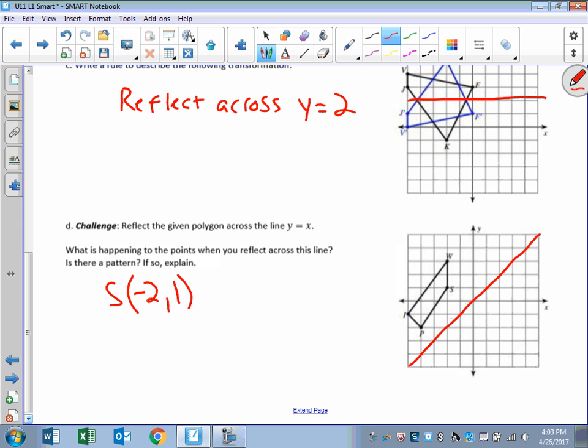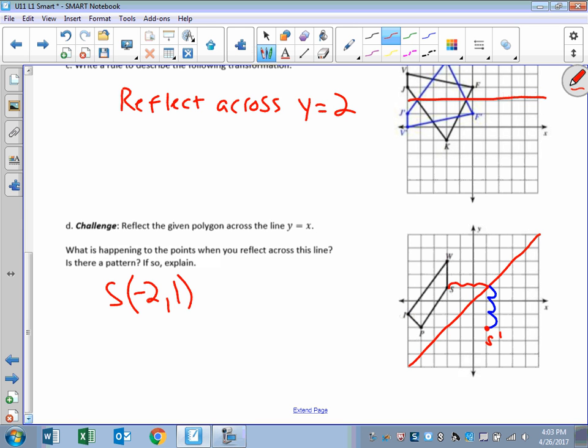If I count over to the line, I can either count to the right or I can count down. If I count to the right, we're 1, 2, 3 away. So instead of continuing in the same direction, like we did with the horizontal and vertical lines, we actually have to switch direction. So we actually have to go down to figure out where the new S is going to be. So S prime is actually going to be right here.